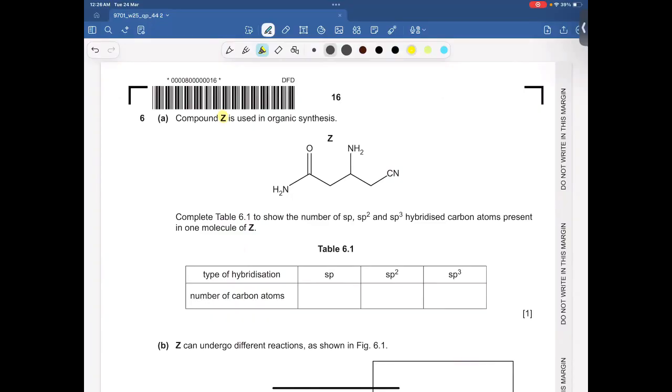Compound Z is used in organic synthesis. Complete table 6.1 to show the number of sp, sp2 and sp3 hybridized carbon atoms present in one molecule of Z. By the way, if we have a triple bond, then we can have sp hybridization. So this carbon atom has a triple bond, so it has sp hybridization. sp2 is basically a double bonded carbon atom.